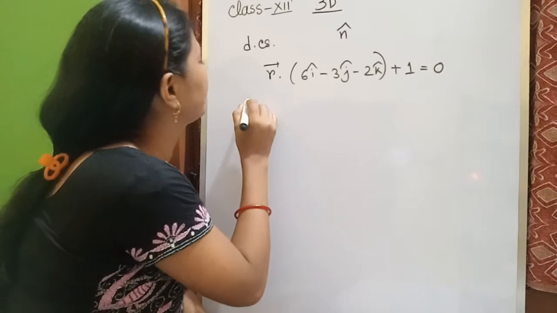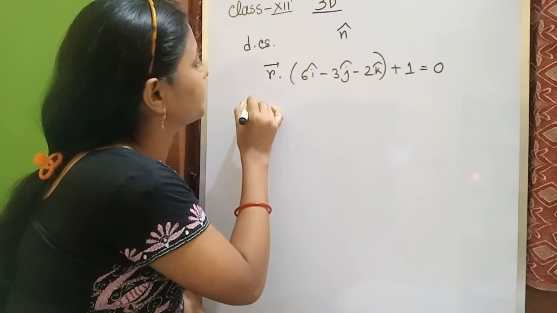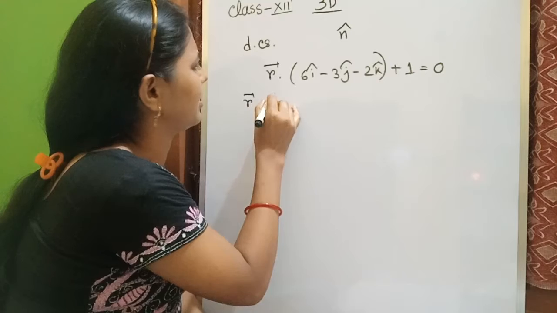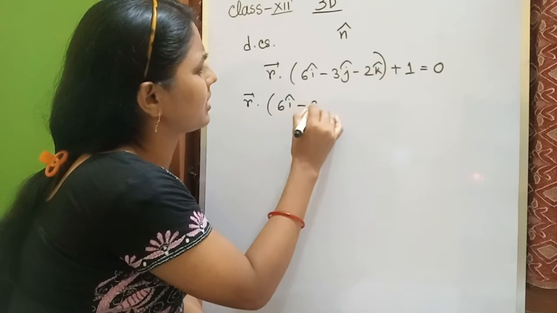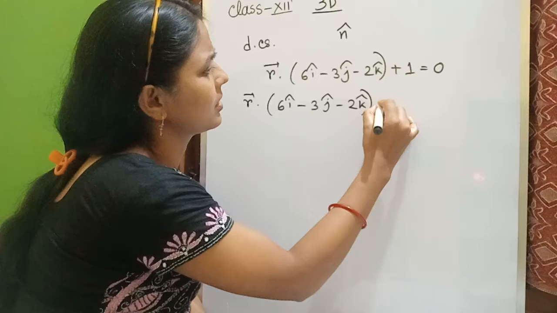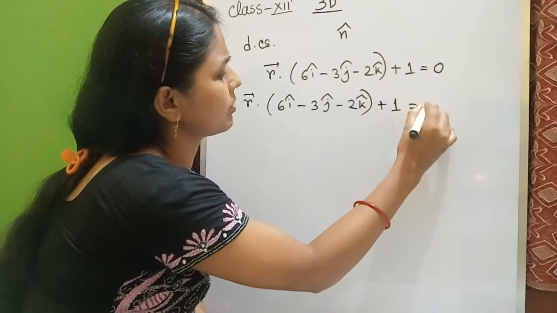So we will write down that r dot, we will write it like this normally, (6i minus 3j minus 2k) plus 1 equals to 0.